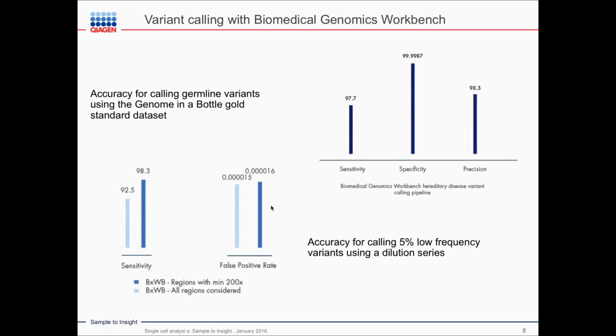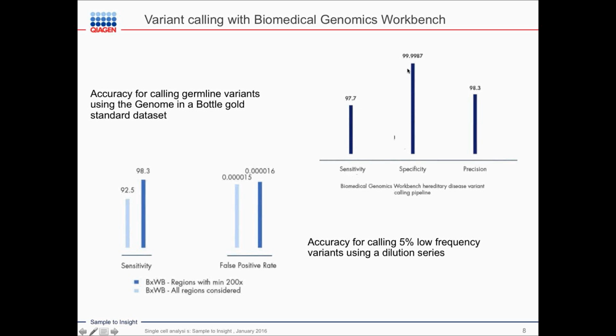So we're able to make statements not only about the true positives, but also about the true negatives, and give you some statistical information about how accurately our algorithms are able to work. So what you see here is information about sensitivity, specificity, precision, and the false positive rate. And you can see that sensitivity here, which is the number of true positives divided by the true positives and the false negatives, is very high, and our specificity is even higher.